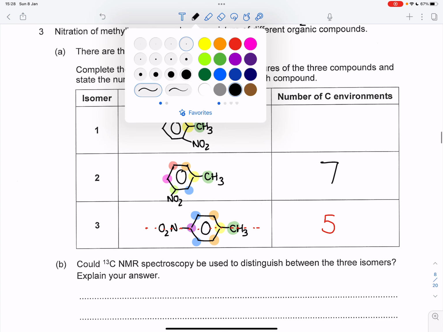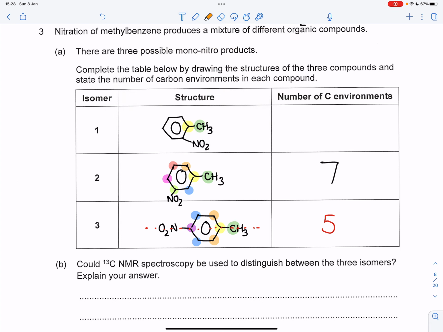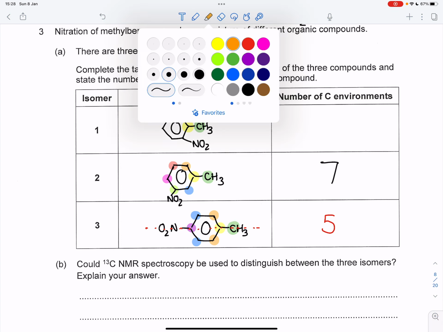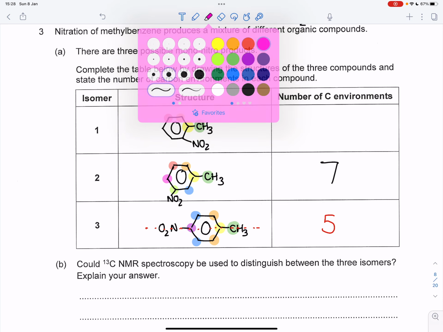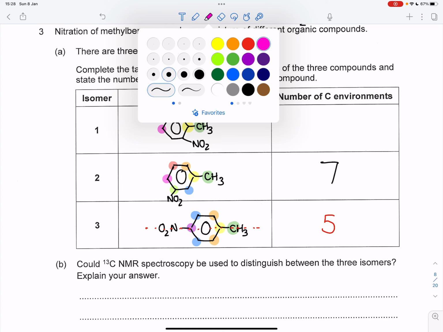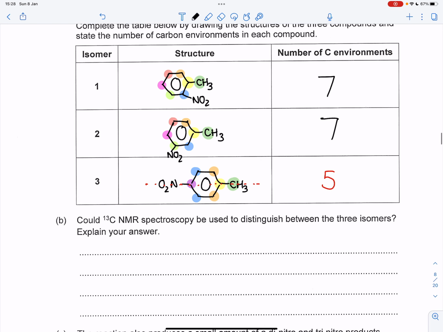And that's going to be the same scenario on our other structure as well, because as we go around, the nitro group is not symmetrical with the methyl, and so each one of these carbons is different, and we have 7 carbon environments.